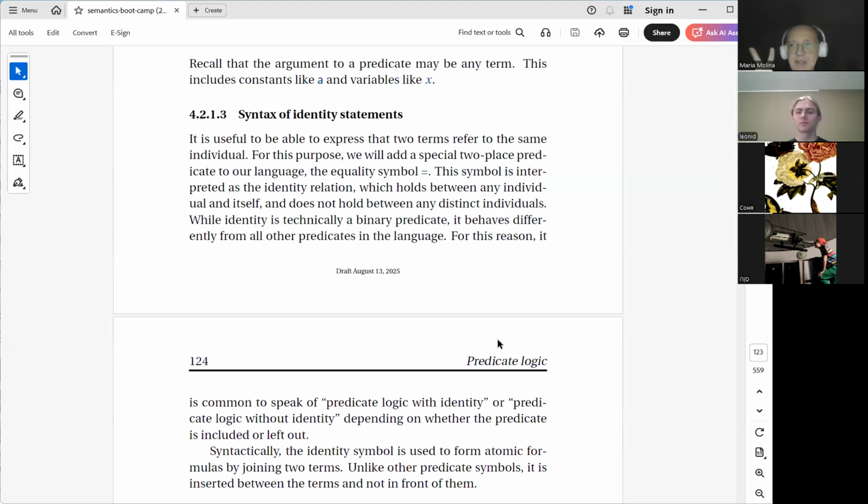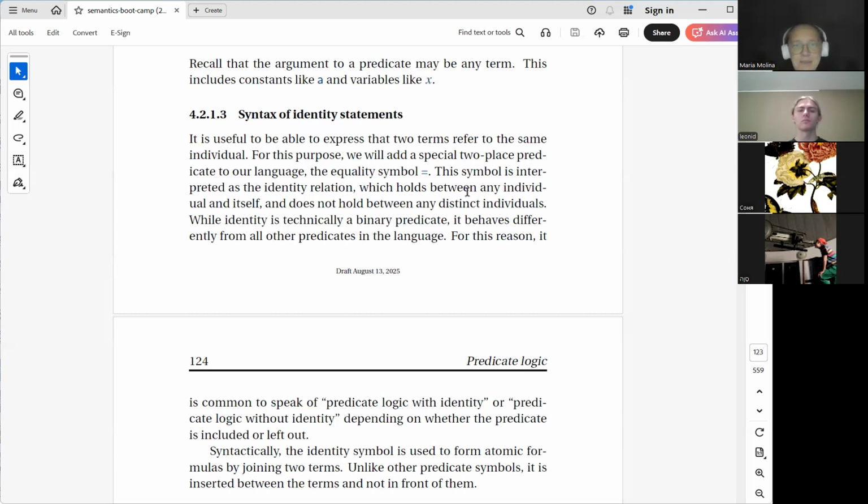So 2 different names can refer to one and the same individual. Then we have equality, and we can equate those 2 names, those 2 terms. So, Lyonya equals linguist.